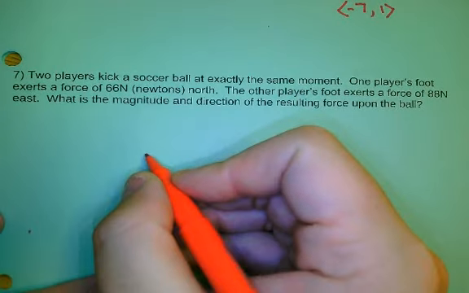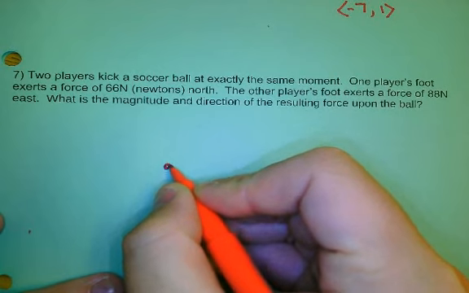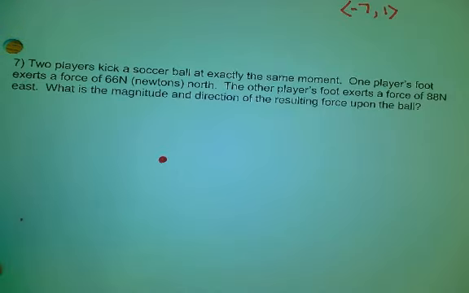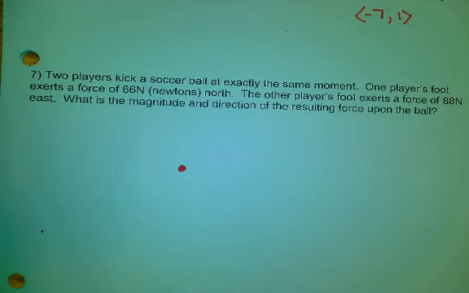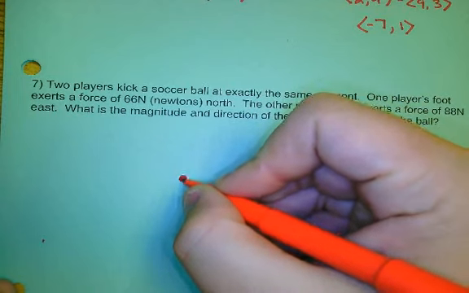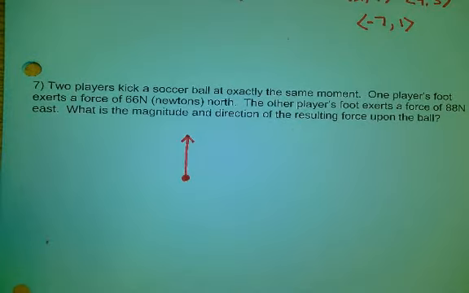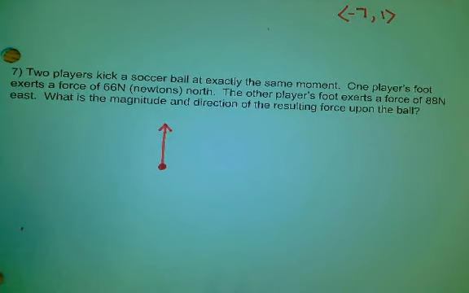Let's draw a picture. So here are the 2 soccer balls. They're both located at this dot. They kick one of them 66 newtons north. I thought you always had to draw the second one from the center.